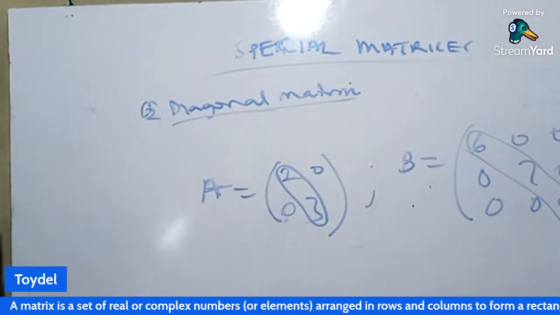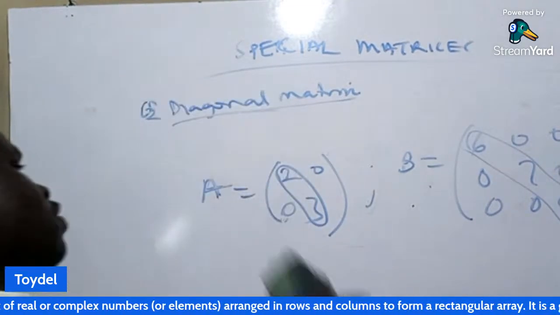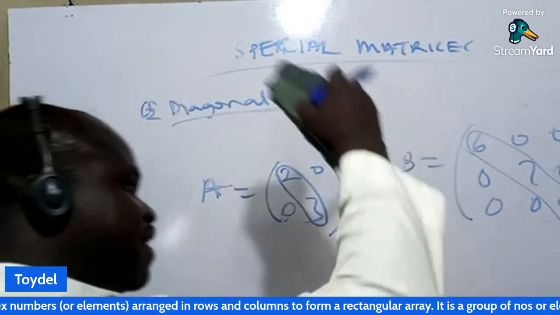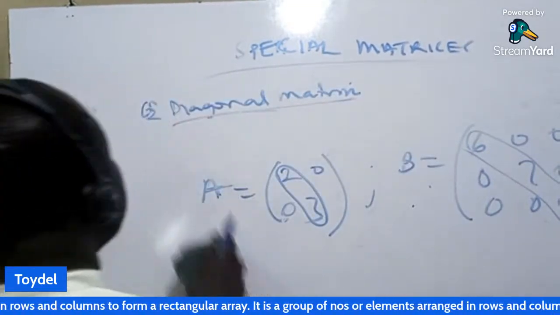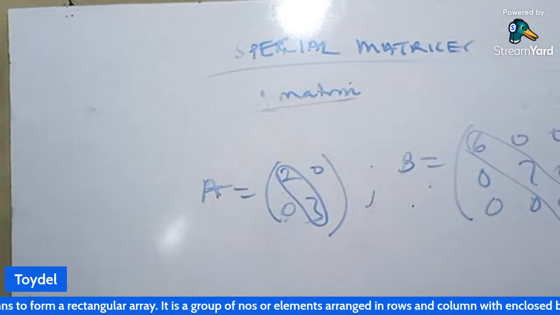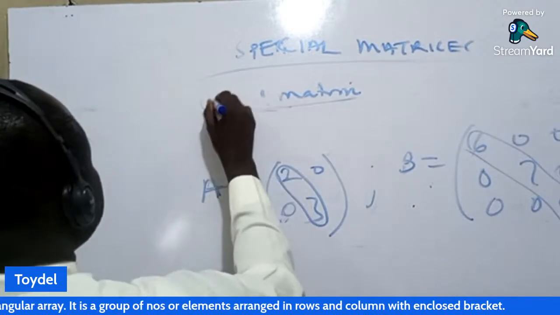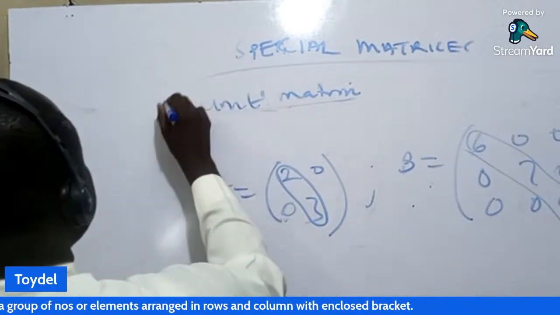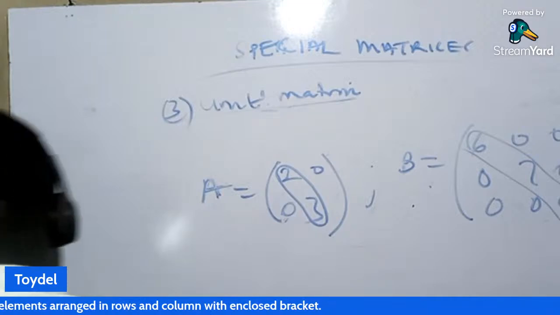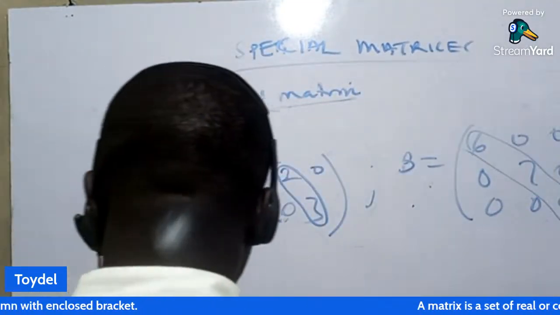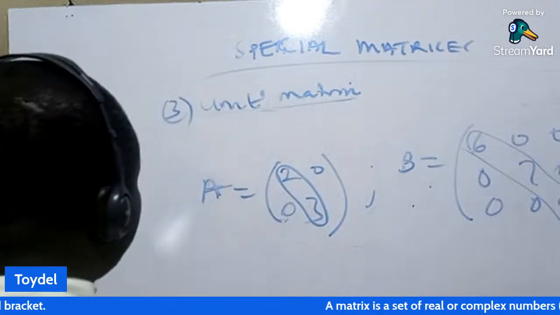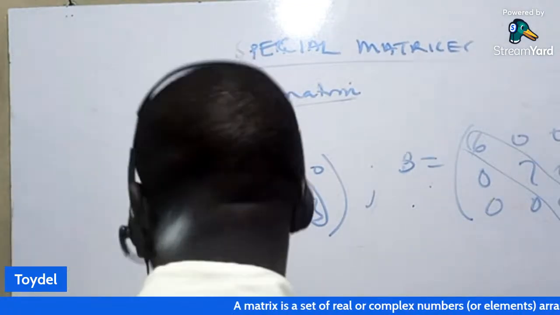A diagonal matrix is a square matrix that has non-zero elements along the leading diagonal. So let's take note. Then we can also have the third one. We can have a unit matrix. Number 3. A unit matrix is a diagonal matrix in which all the elements on the leading diagonal are units.